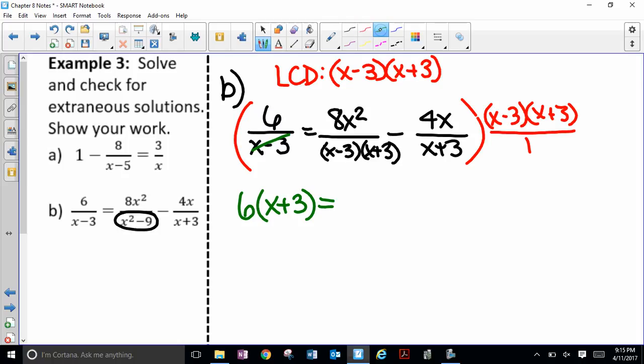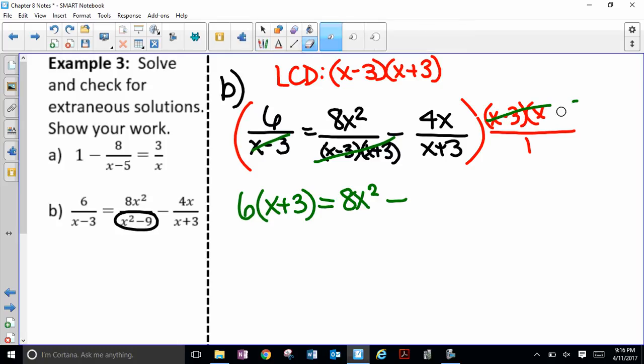All right, so then with this fraction and this fraction, both cancel. So then I'm just left with 8x squared. Then bring down your minus sign. All right, and then this comes back.